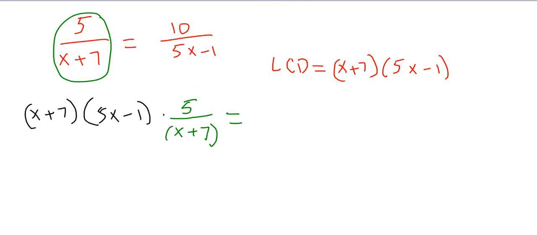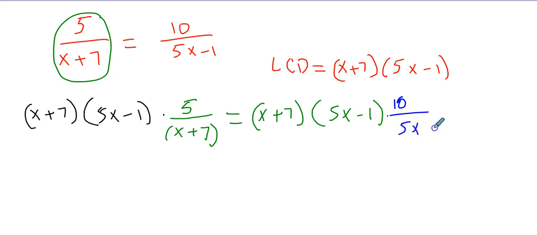Now on the right hand side also I'll multiply by the LCD, that is x plus 7 times 5x minus 1 times the right hand side, 10 over 5x minus 1.